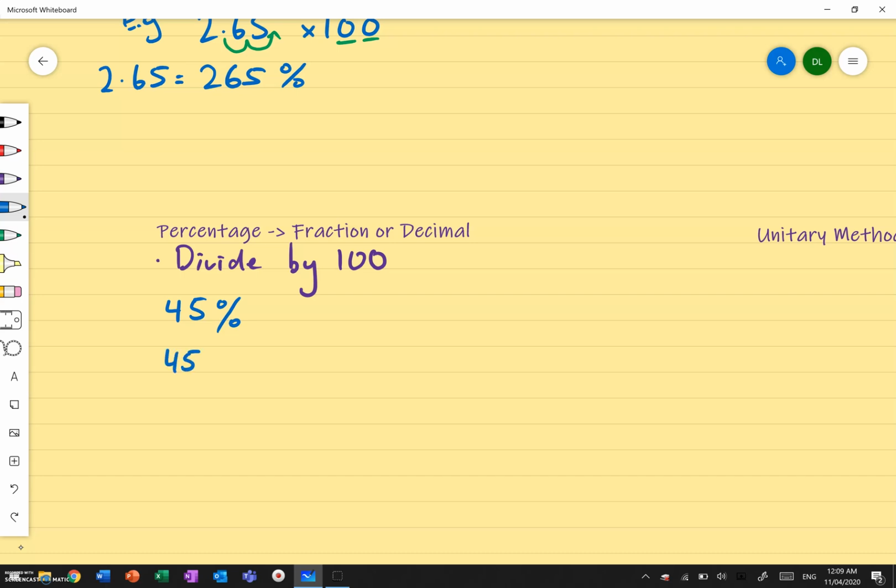So 45 divided by 100, I can write as 45 over 100, and that's a fraction. Now, it's not our most simplified form. Let's say we're trying to change this into a decimal. Because it's hundreds, I write 0.45. That's it.